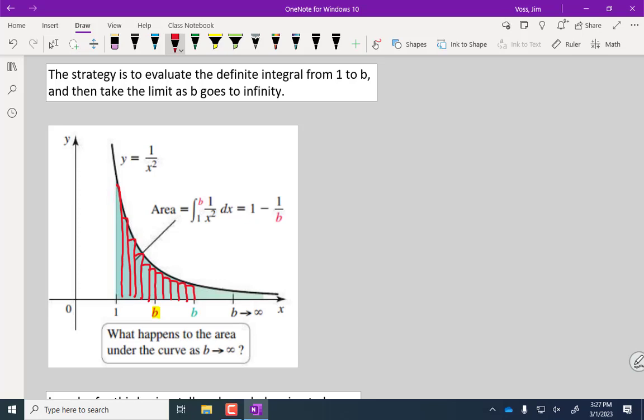So conceptually, that's what we're thinking about, making this definite integral creep out further and further, and then we let B go to infinity. And if we get a finite result, the area is finite. If we get infinity, the area is infinite.